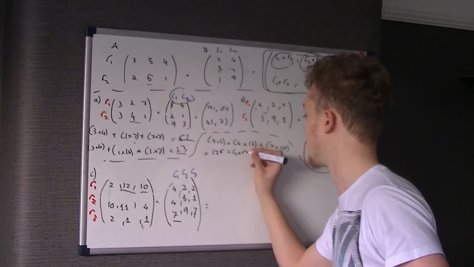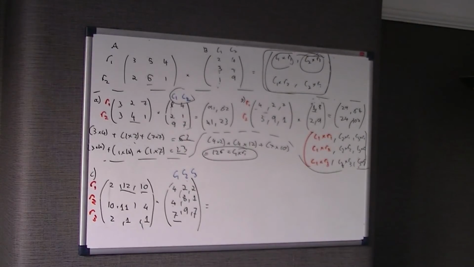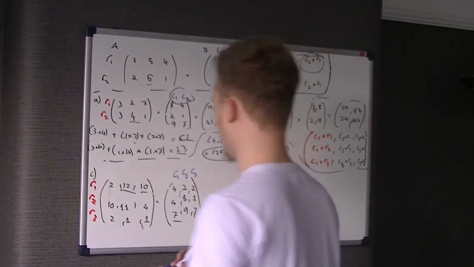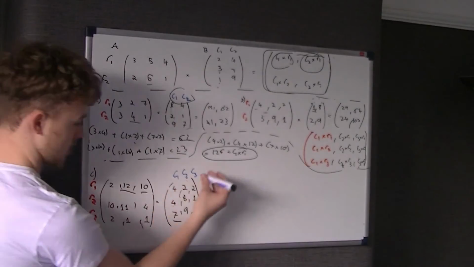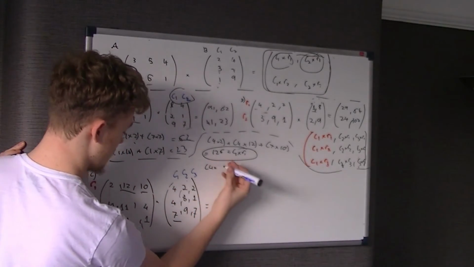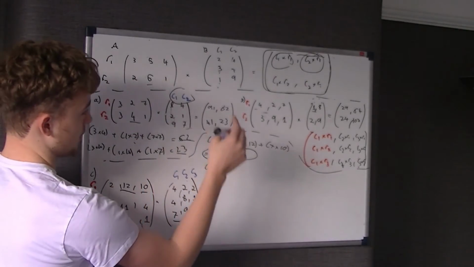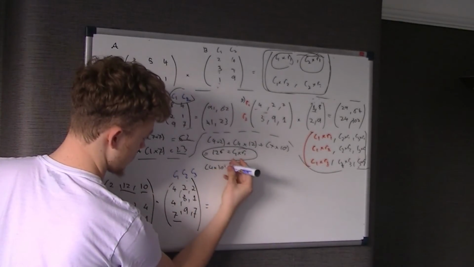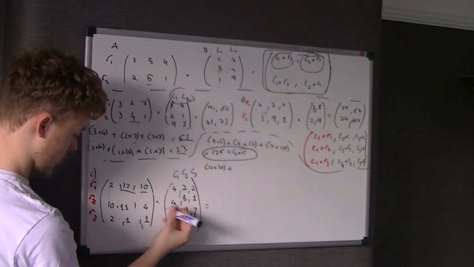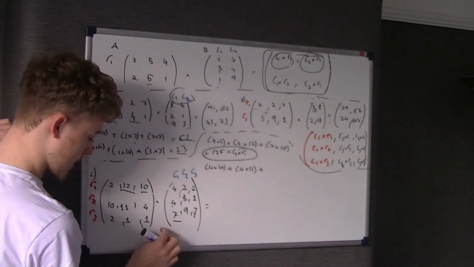You might want to put that in your answer, just on your page, because obviously we're going to be doing a lot of columns and a lot of rows here. The next one we're going to do is column 1 times row 2, just like we did before. Nothing different so far. So it's 4 times 10 plus 4 times 11 plus 7 times 4.